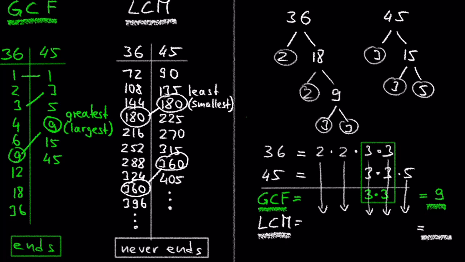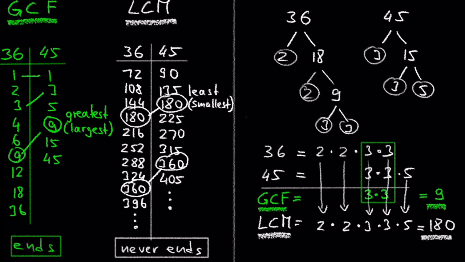So we would have 2 times 2 times 3 times 3 times 5. Now, when we multiply this together, that will be our least common multiple. So that would be 2 times 2 is 4, times 3 is 12, times 3 is 36, times 5 is 180.